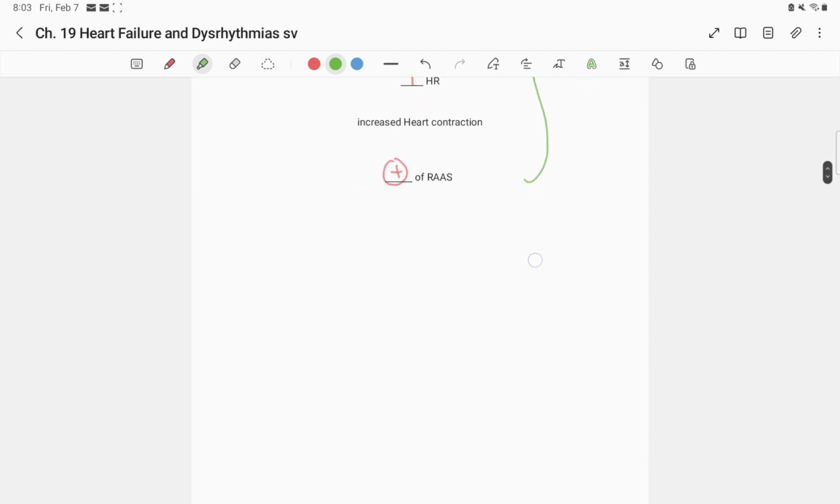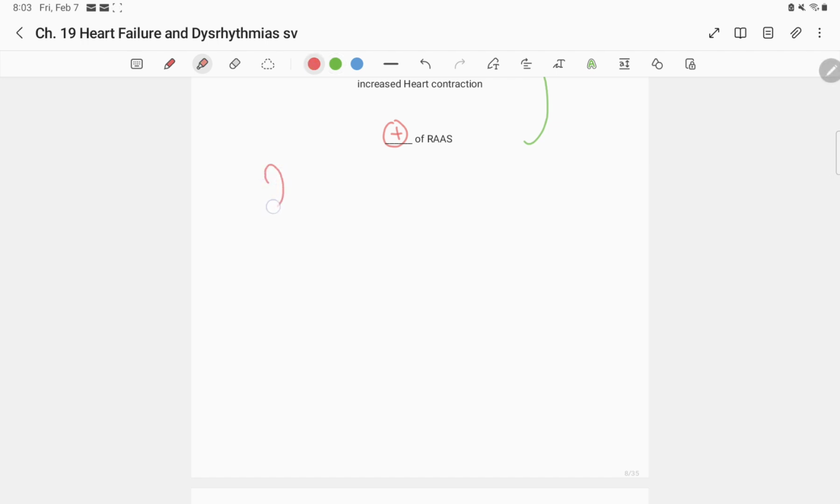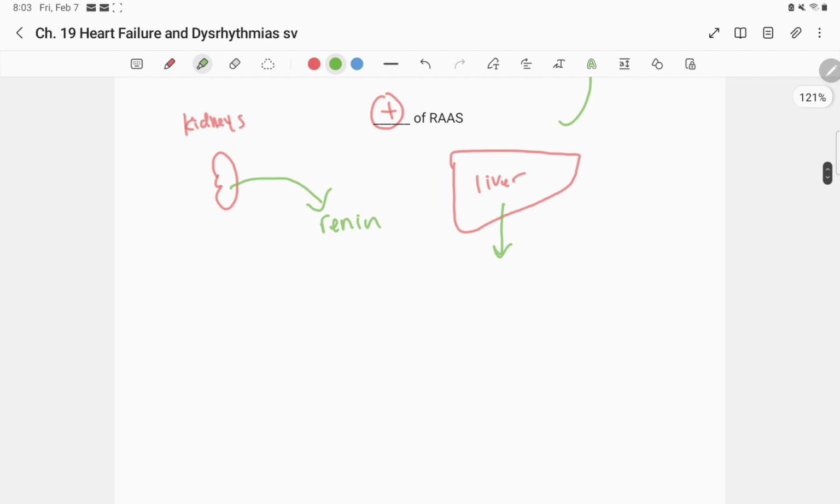All right, here's a review of the renin, angiotensin, aldosterone mechanism. Okay, so we have our kidneys, and the kidneys release renin. And we have the liver, and it makes and releases angiotensinogen.